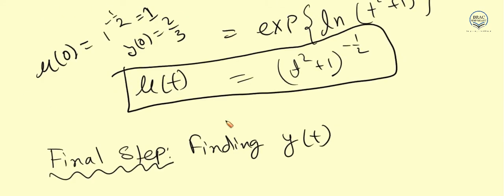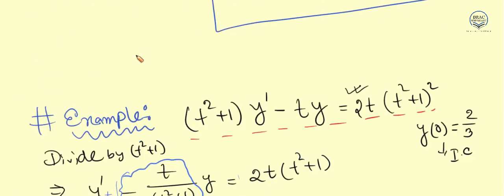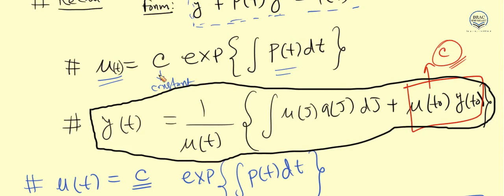The final step is just finding our solution, the desired solution y of t. And as you can see, I have already marked down the value of mu equals 0 and y equals 0. This will be useful later, because we are going to use this boxed formula. And you can also see that I have marked this thing as a c. That was a constant.